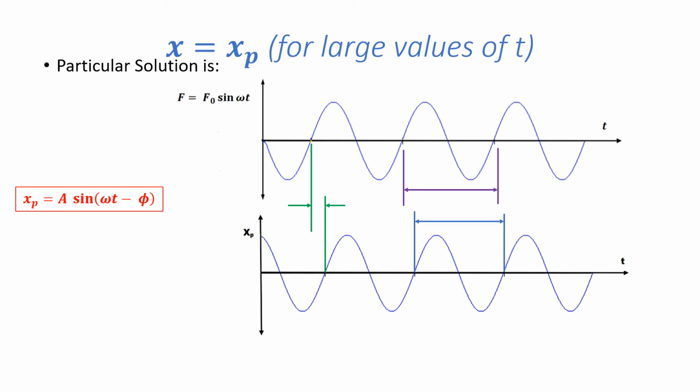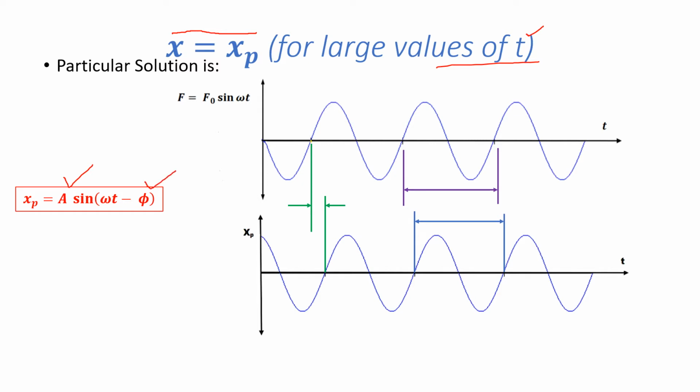Now for practical purpose, our solution X is almost equal to xp for very large values of t. And as we discussed, solution xp is A sine omega t minus phi. A is the amplitude, we can calculate.